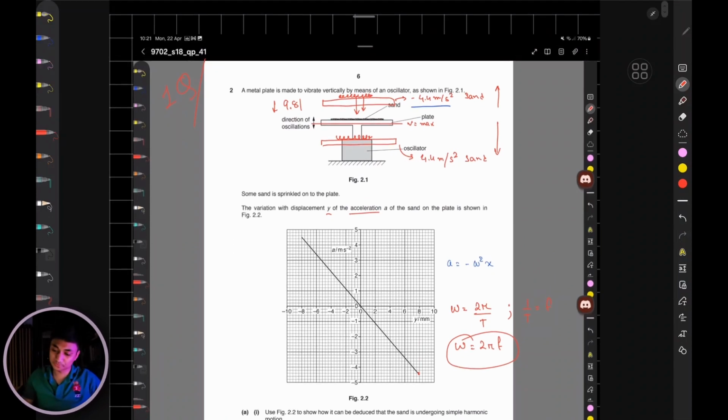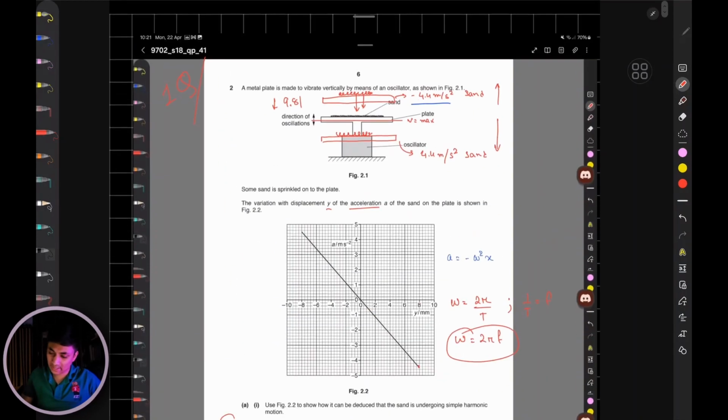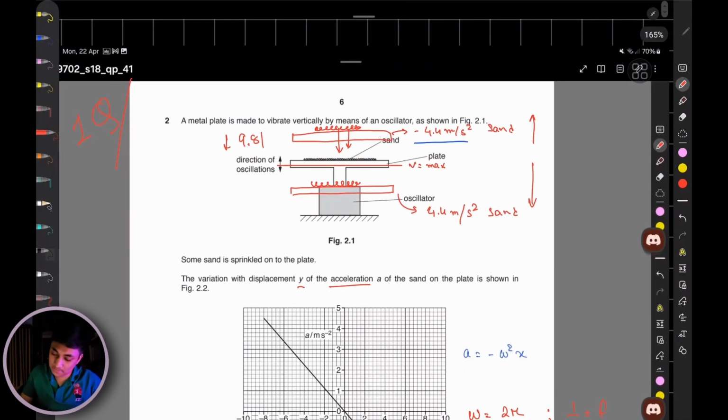Now mind you, at the topmost position and at the lowest position, in both cases, the acceleration is going to be 9.81. In the topmost position, it's going to be due to the weight of the particles.